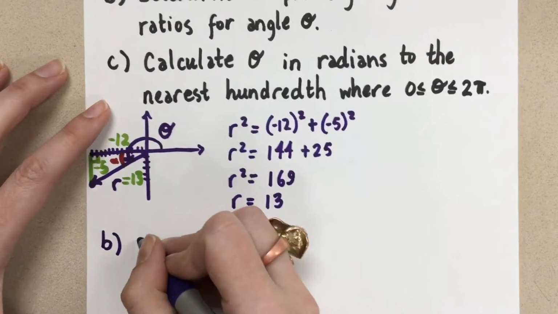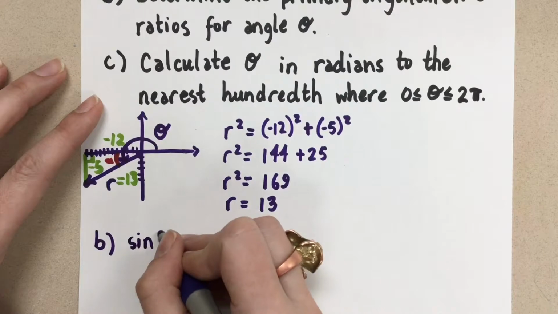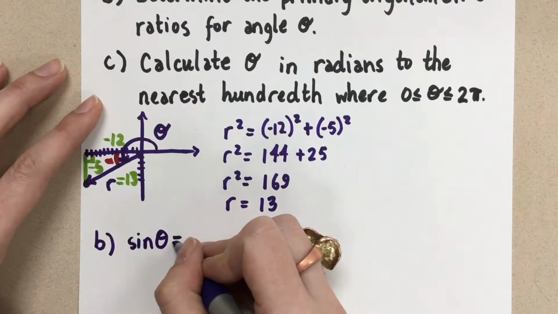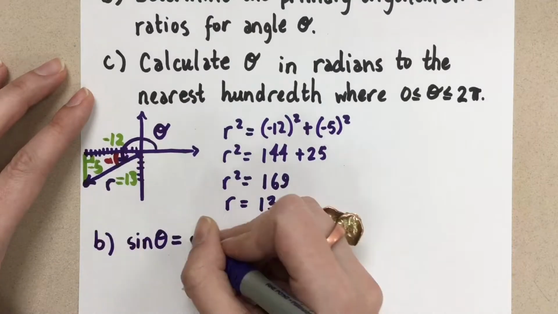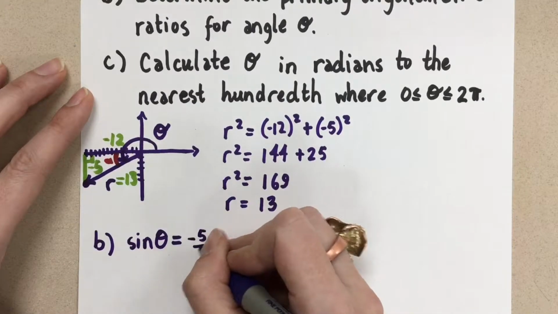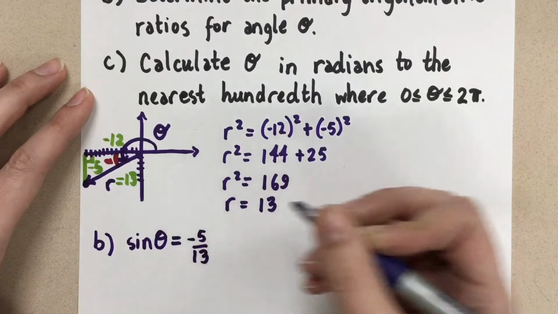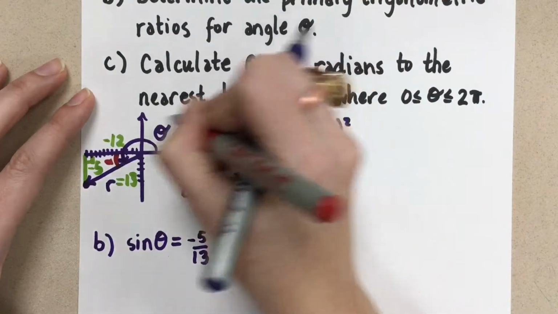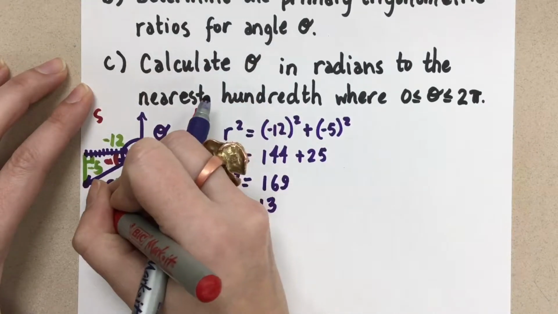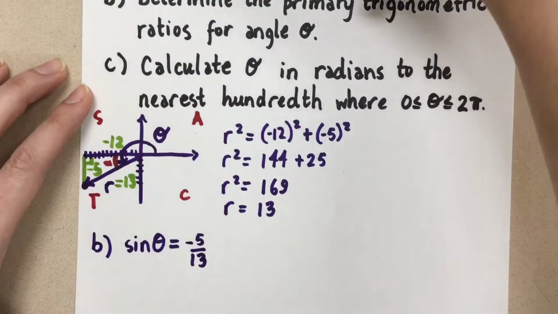The first one, sine theta is opposite over hypotenuse. So opposite over hypotenuse, that's -5 over 13. And if you think about the cast rule, the sine ratio should be negative in that third quadrant that we're working in.